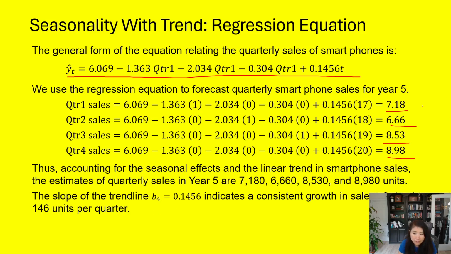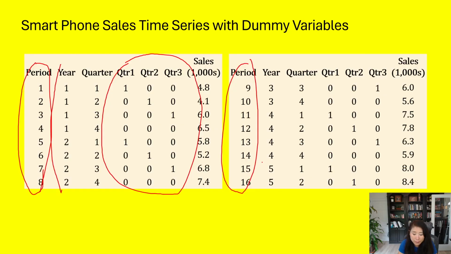I know some students might get confused. Since we are all looking at year 5, why do these values keep increasing? If you go back and look here, remember the time trend is labeled by the period column, not by the year column.